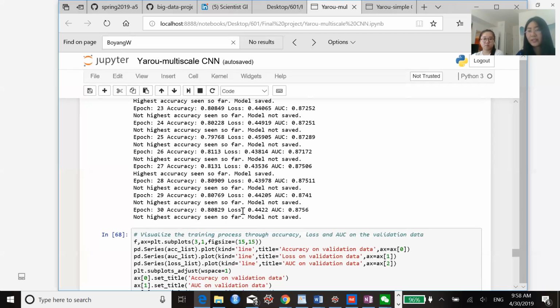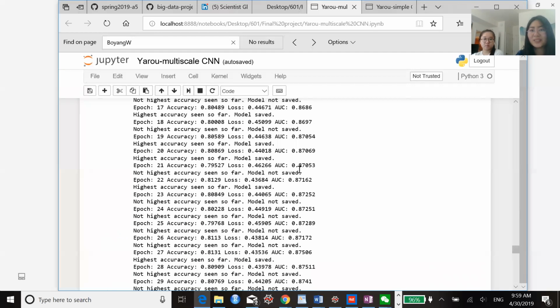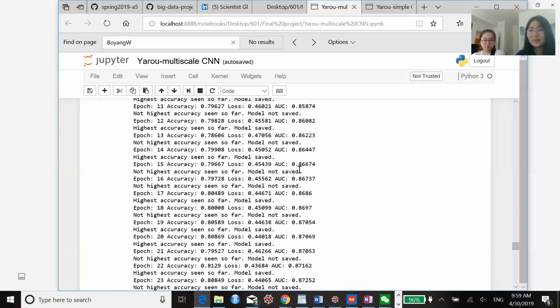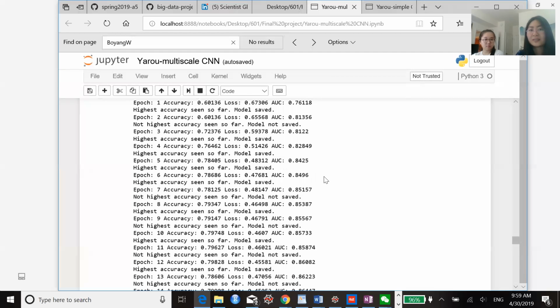So using these small training samples, the multi-scale CNN works much better than the simple CNN. So we confirm the previous research, and we find this multi-scale CNN works very well at detecting small objects like cancer tissue around large benign tissues.